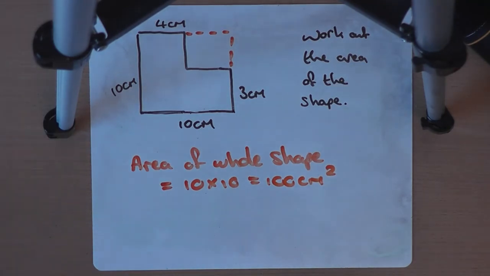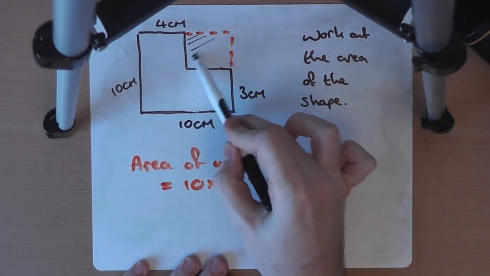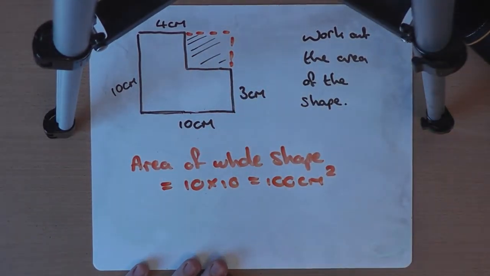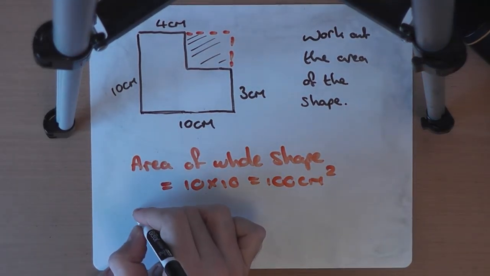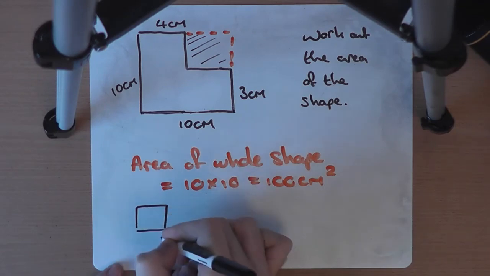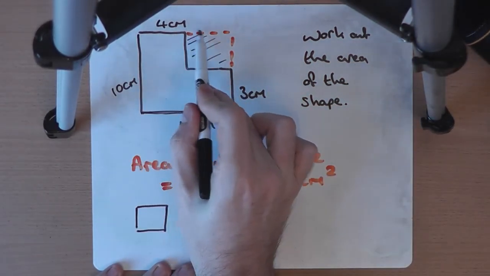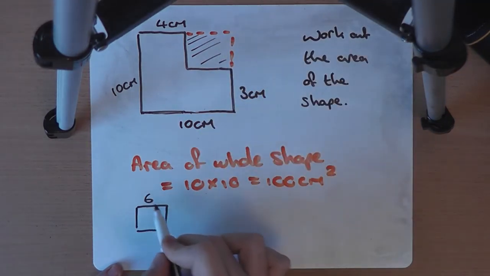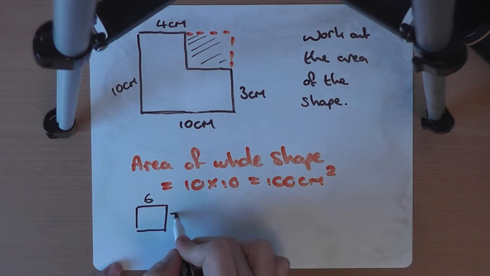So what we could do is take off the area of this bit and get rid of it. Now, this section here, how wide will it be? Well, it's 4 and then the extra to get to 10, so 6. And how tall will it be? Well, we've got 3 and then the extra to get to 10, so 7.